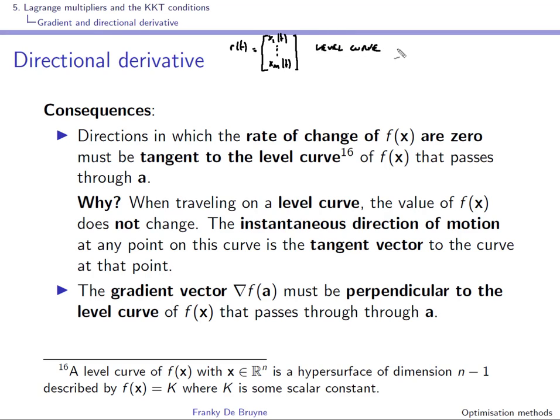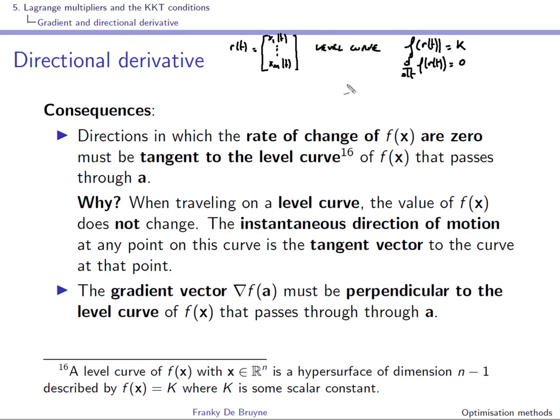So this means that f evaluated on this curve, and this is true for all t, is equal to some constant, right? Well, if you take the derivative of this with respect to time, this will produce 0, right?